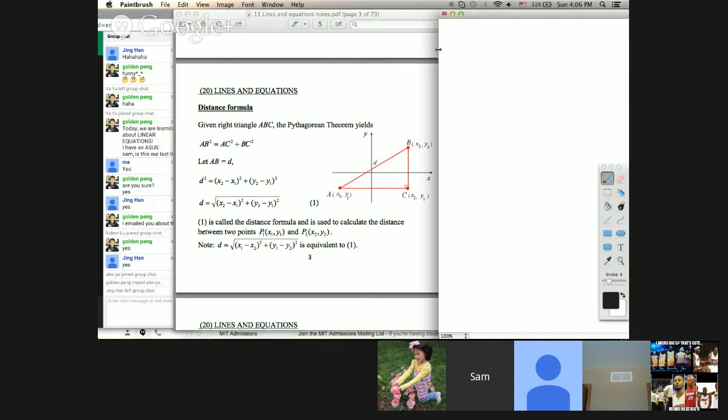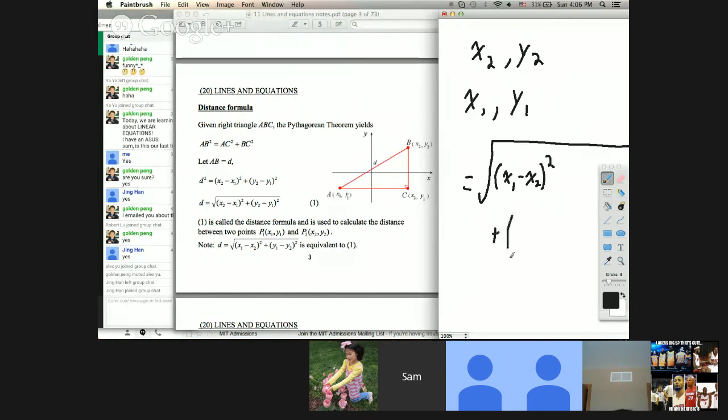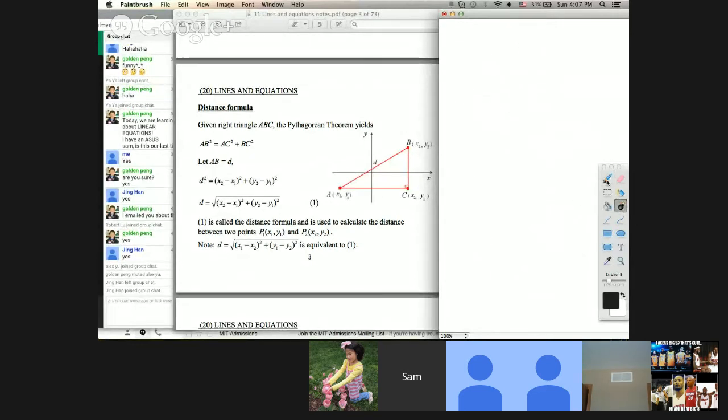So the distance between points (x1, y1) and (x2, y2) is equal to the square root of, let's say I use x1, then I'll use (x1 minus x2) squared plus, and since I used x1 here, I have to use (y1 minus y2) squared. So that's how to find the distance between two points.